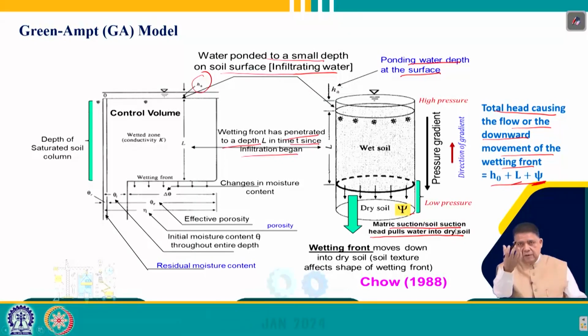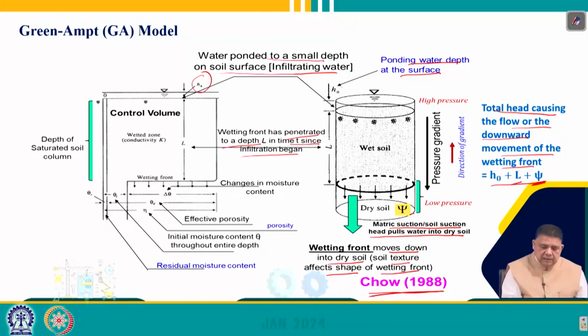That is a pulling force also there. So, there is a gravitational force because of the head, and then of course, there is this pulling force. And this wetting front moves down into the dry soil because of this matric suction, and soil texture of course affects the shape of the wetting front, and this concept was given by Chow in 1988.